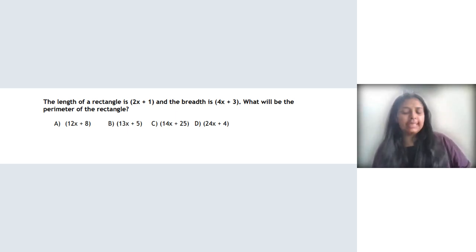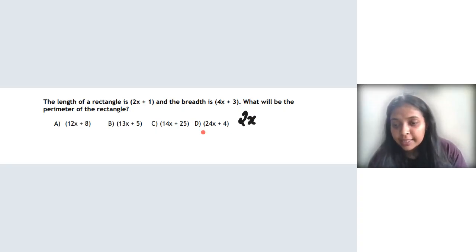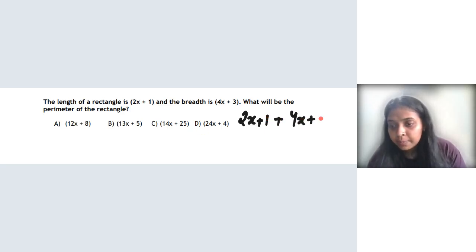Yes, ma'am. Okay. So how will I calculate the perimeter? I add all the sides. Yes. This means I'll add 2x plus 1 plus 4x plus 3 plus 2x plus 1 plus 4x plus 3.